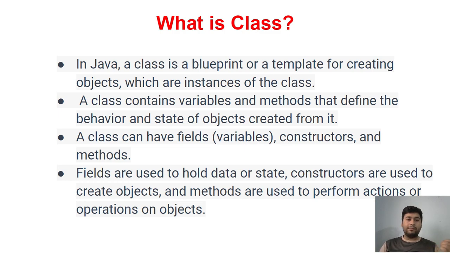Those are the properties, and we also define methods, which give the behavior and state of the object. So we consider variables and methods; methods we can consider as behavior.